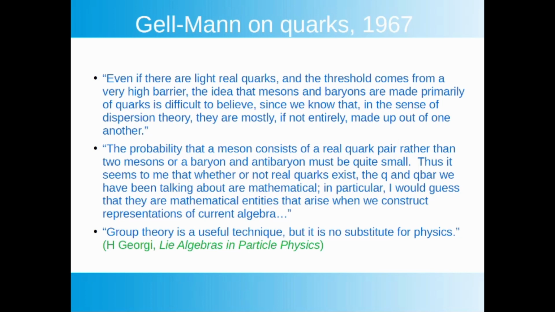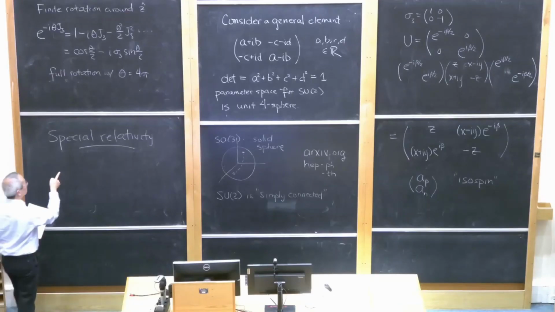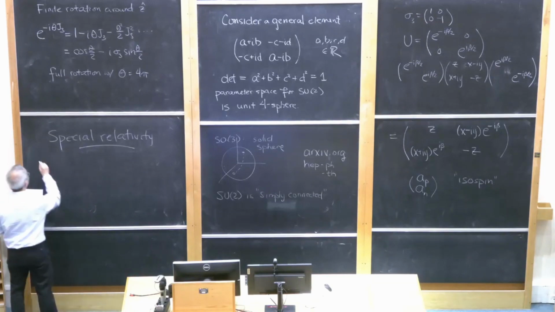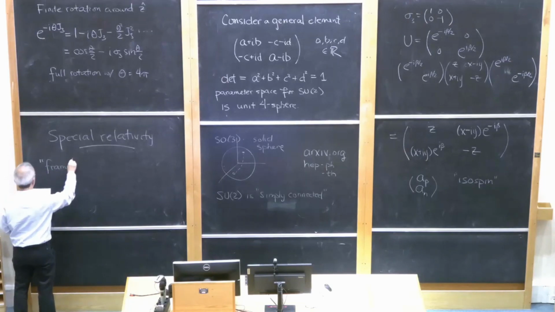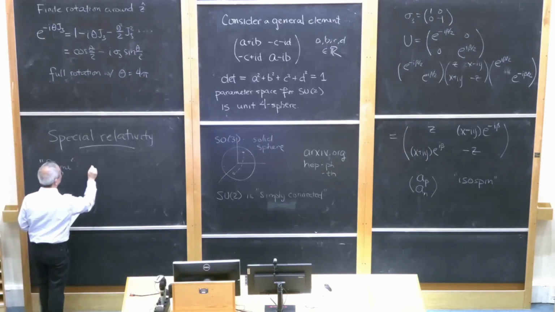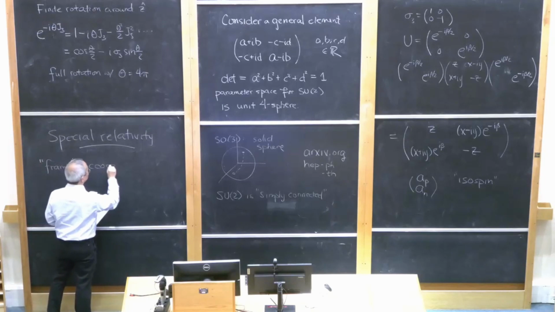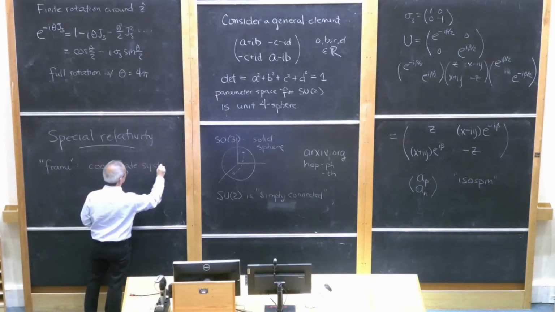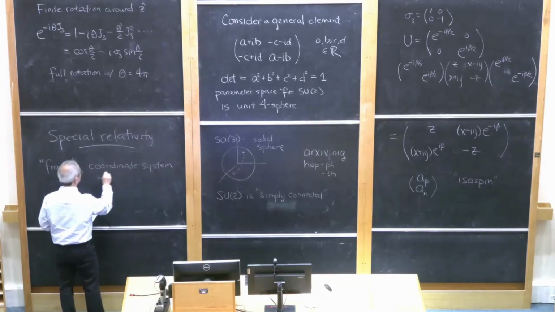We do have to relate some of the things that we've been talking about to special relativity now, or maybe the other way: we want to relate special relativity to the math. So let's do a couple definitions. We have a frame, which is simply a coordinate system with space and time.